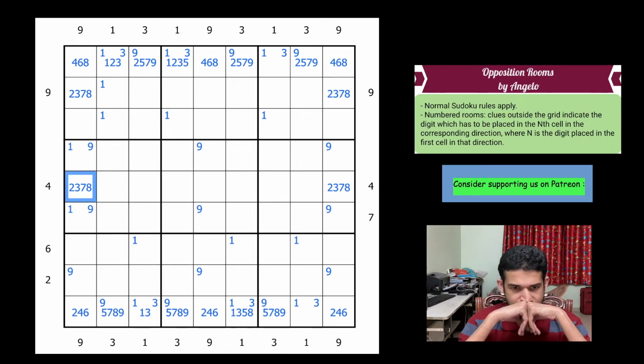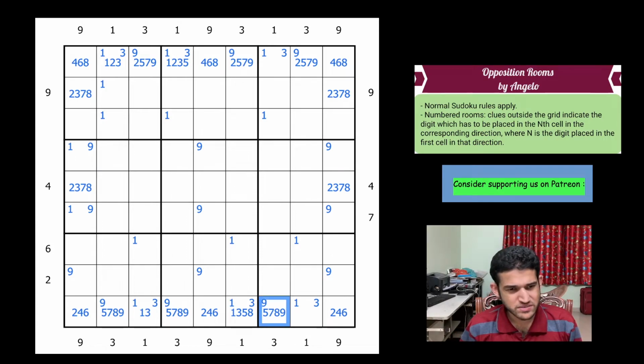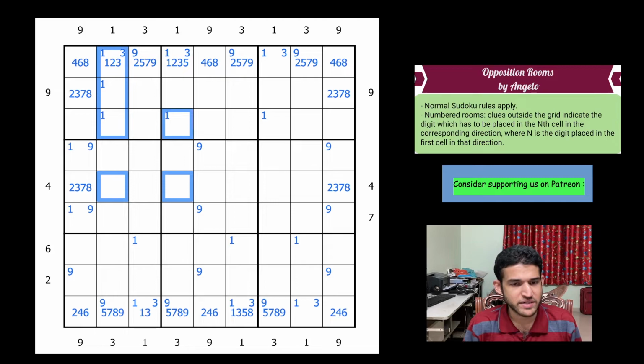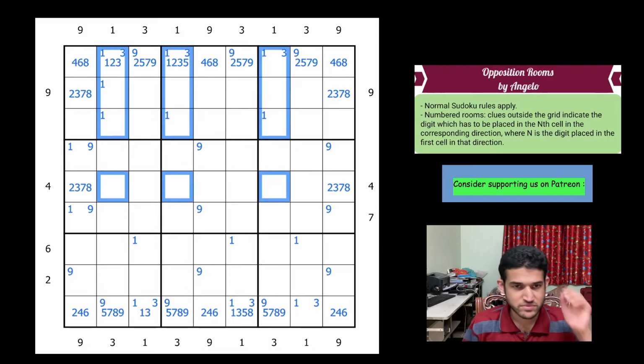So if I look at these threes and understand what they are doing actually, these cells would be the threes, right? Let's just color them.